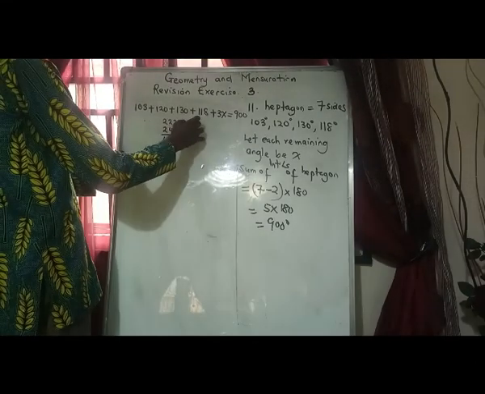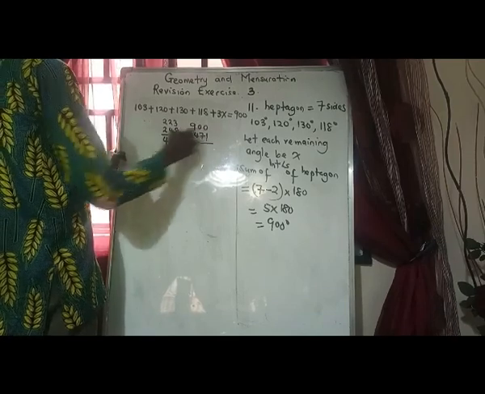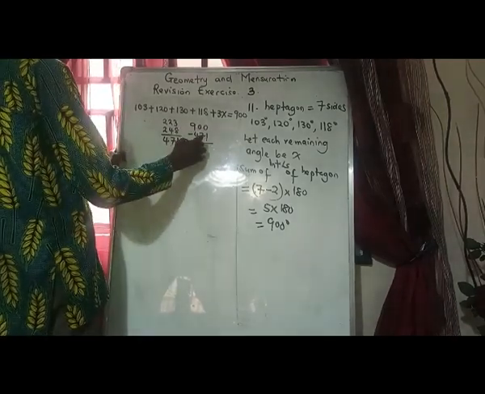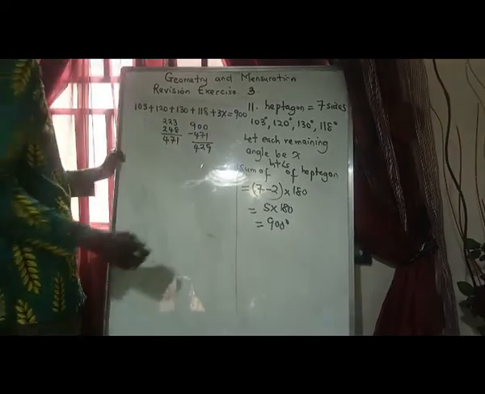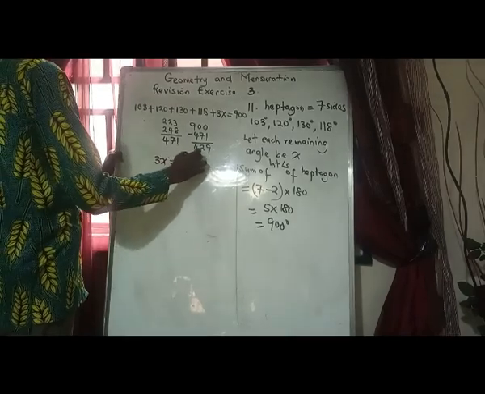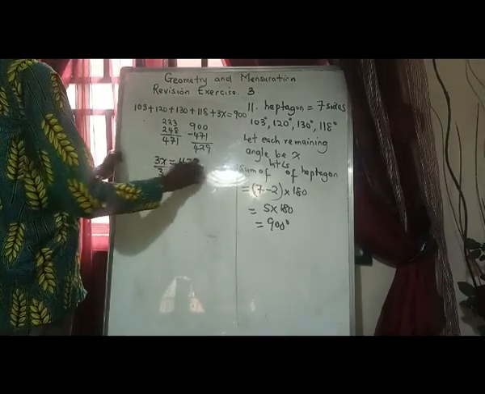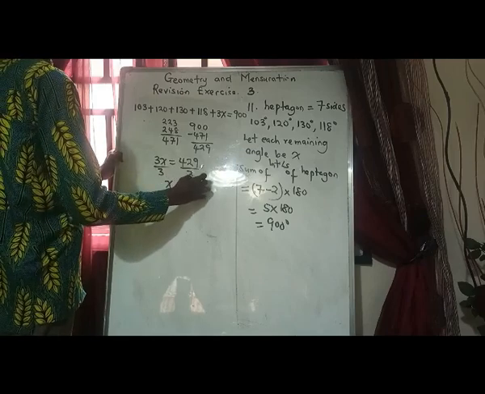So 900 minus 471 will give me 429. So it means that 3x is equal to 429, and that will give me that x is equal to 143.